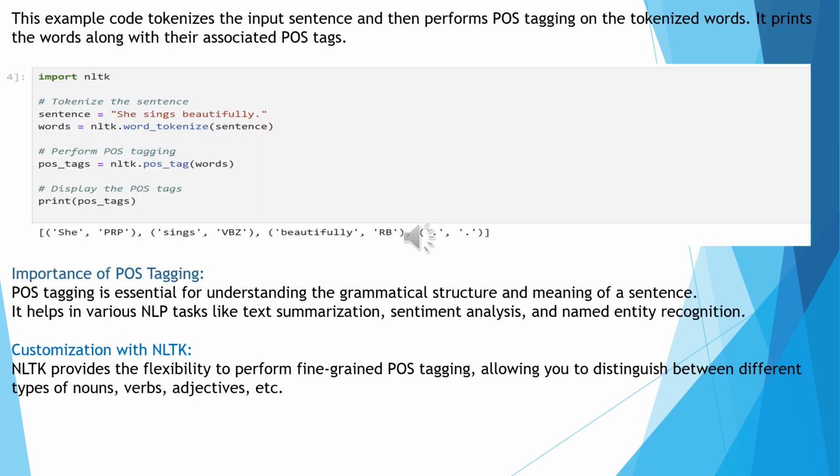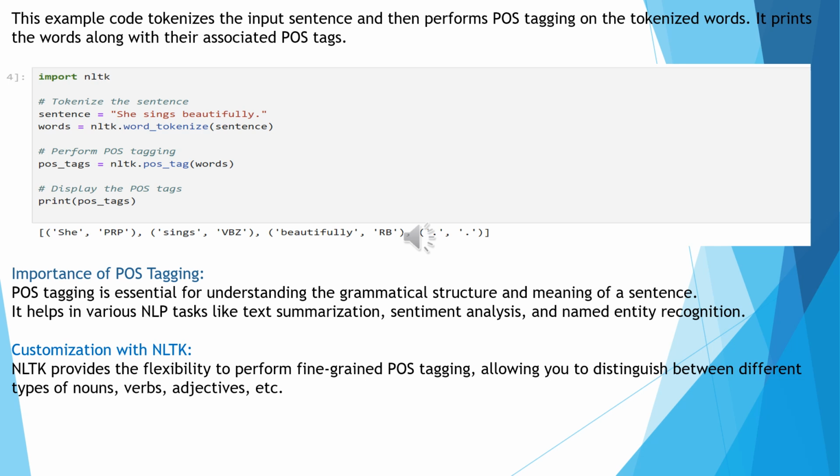So, as I discussed POS tagging in the previous slide, this is a more enhanced example. First I import the NLTK package, and I give the input through a sentence variable. Then I pass it to the word tokenization function, because the first thing it needs to do is divide the sentence into words.